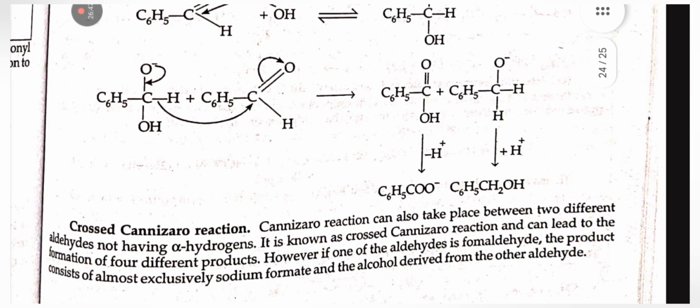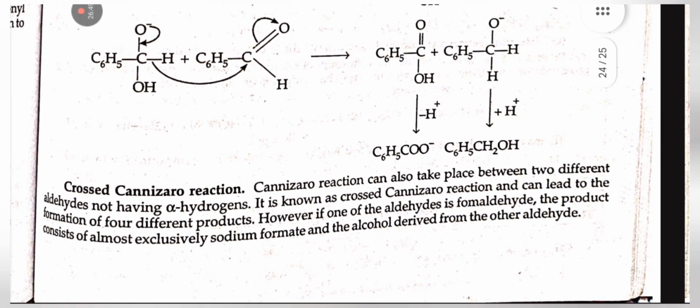Cannizzaro reaction can also take place between two different aldehydes not having alpha hydrogen. This is known as cross Cannizzaro reaction and can lead to the formation of four different products. However, if one of the aldehydes is formaldehyde, the product consists almost exclusively of sodium formate and the alcohol derived from the other aldehyde.